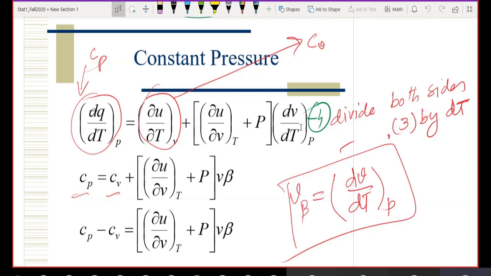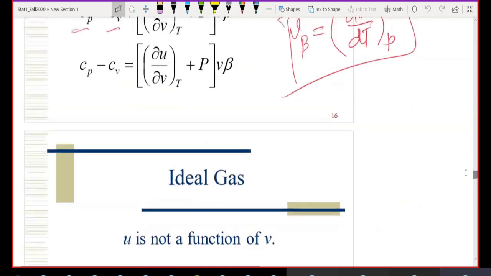It's written like it's multiplied, but it's actually V subscript beta. So then we can define Cp minus Cv. We take this Cp on the other side, and then we get Cp minus Cv equal to this.